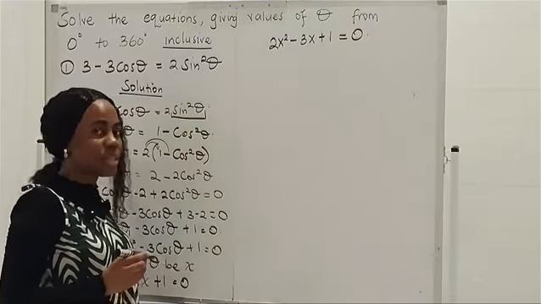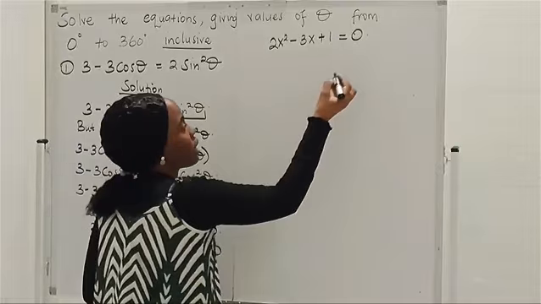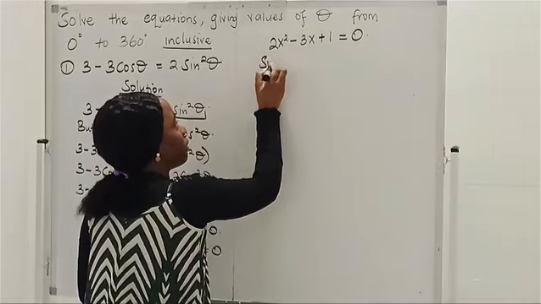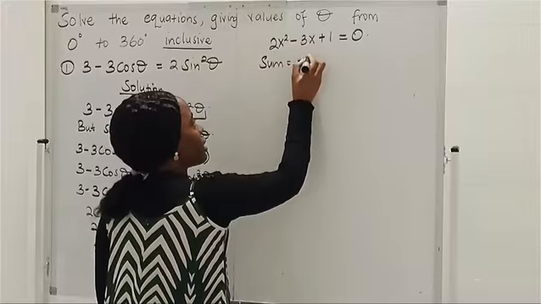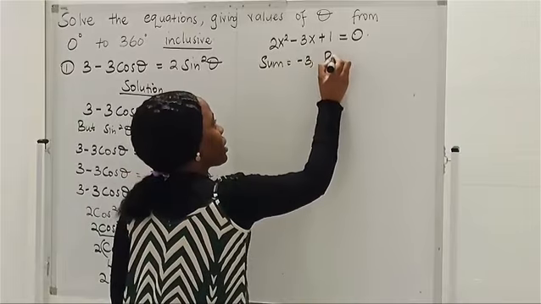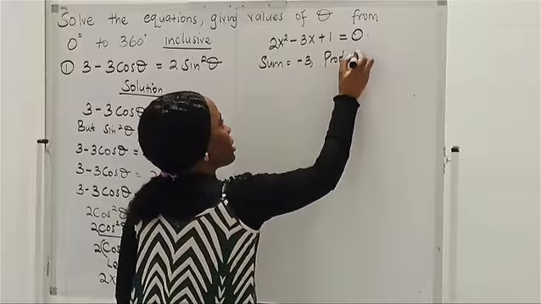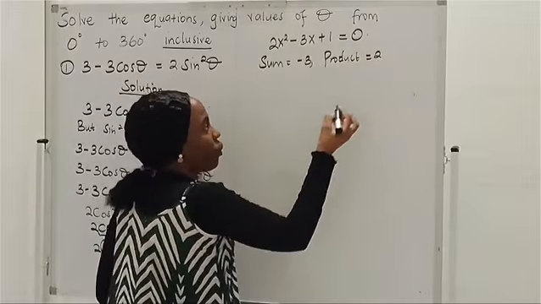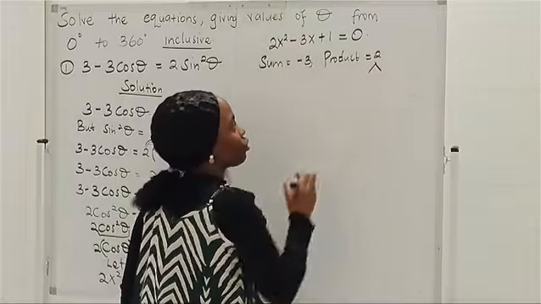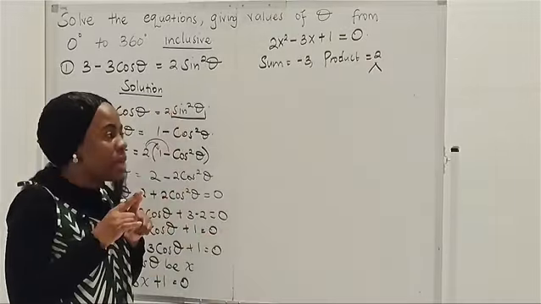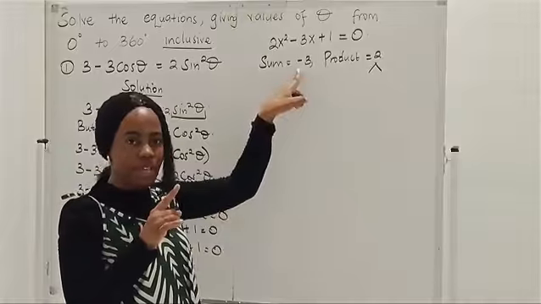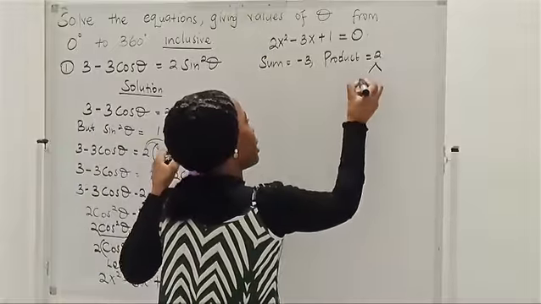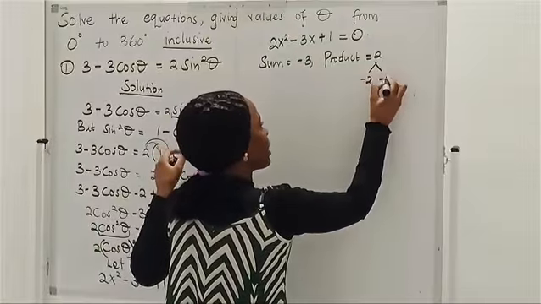Now let us use sum and product, okay? The sum here is negative 3, and the product is 2 times 1, that is 2, okay? Now we need to get factors of 2, but when I add them, I have to get negative 3. So those numbers are negative 2 and negative 1.